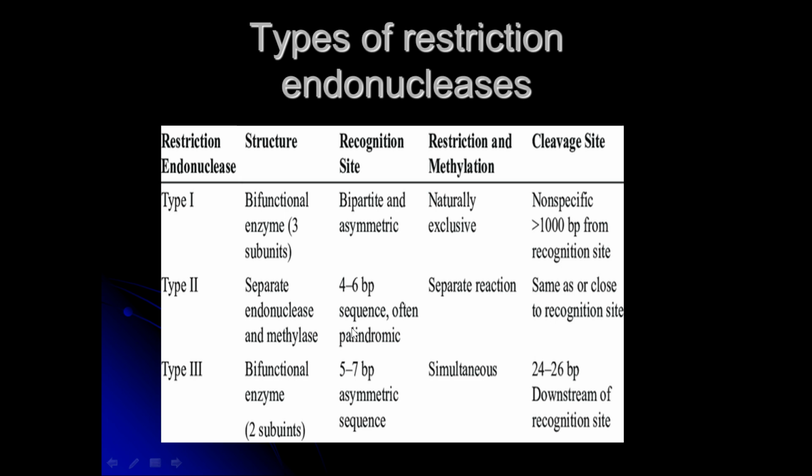Palindromic means like GAATTC: when you read from the left and right, both sequences will be the same. Type 3 has a 5 to 7 base pair sequence, but it is asymmetric. They are not palindromic. Type 1 and type 3 are both asymmetric, meaning when we read from the left or right, the sequences will be different, not the same, like GAATTC.